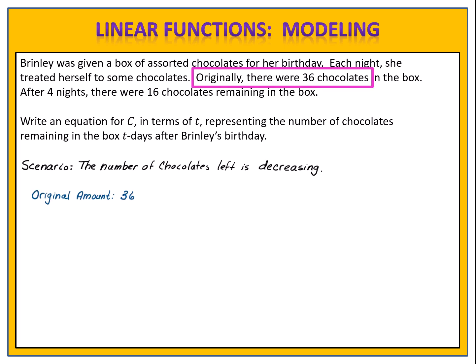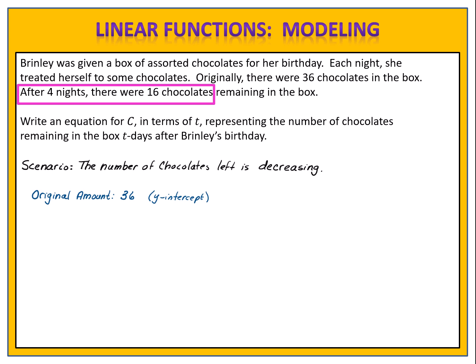This is our original or starting amount. 36 represents the y-intercept. We are also told some other information in the problem. After 4 nights, there were 16 chocolates remaining. This allows us to create a point. 4 nights, 16 chocolates left. That's the point (4, 16).